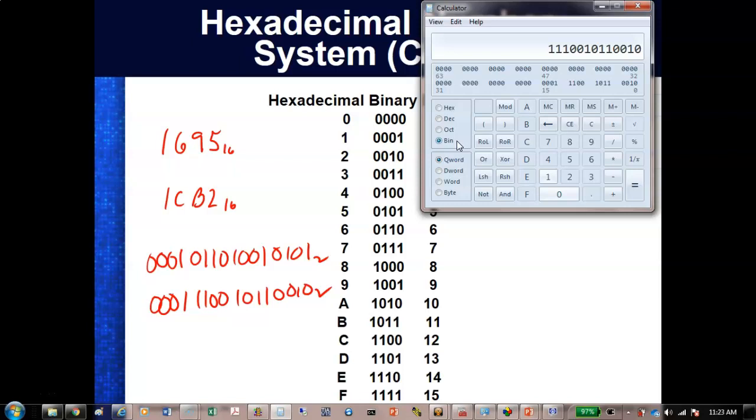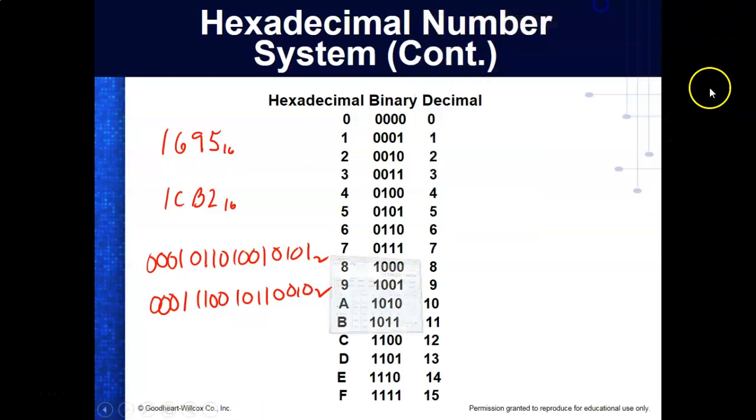So we can calculate the number of combinations. I know it's almost time to go, guys. I can calculate the number of combinations available with a numbering system depending on the digits. How many combinations do I have with 2 digits of base 10? Well, I can say 10 raised to 2.